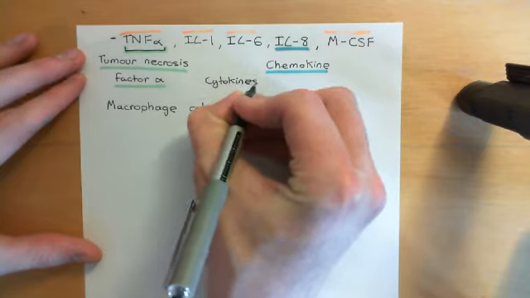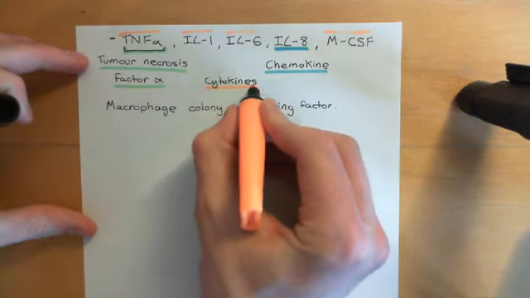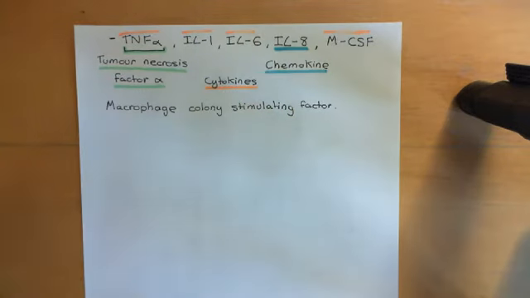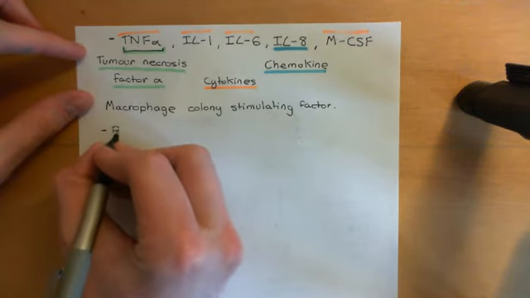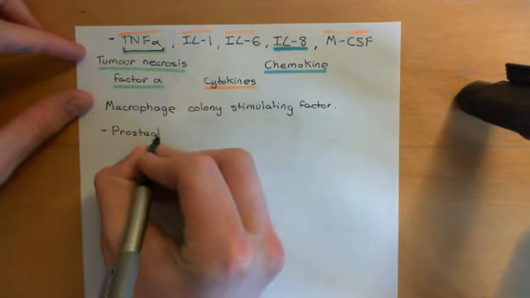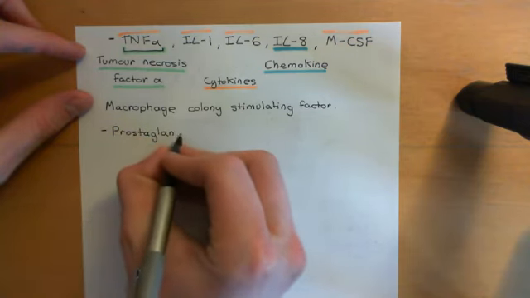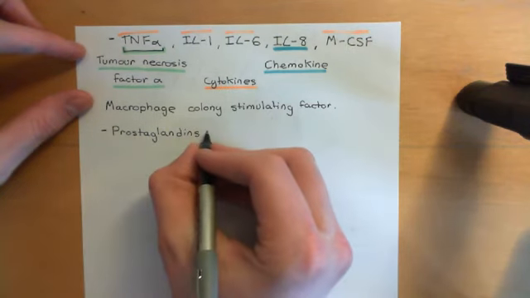So the synovial macrophages also release some other molecules that are of note. The other class of molecules that I want to mention are prostaglandins, and these are also very important to mention because the mechanism of the NSAIDs is going to involve the blocking of the production of the prostaglandins.